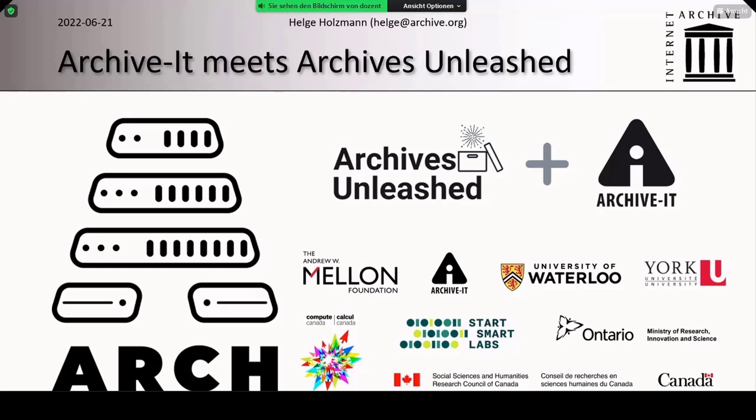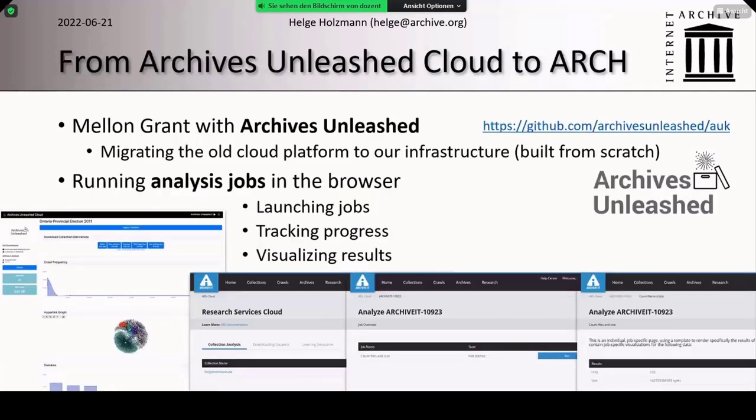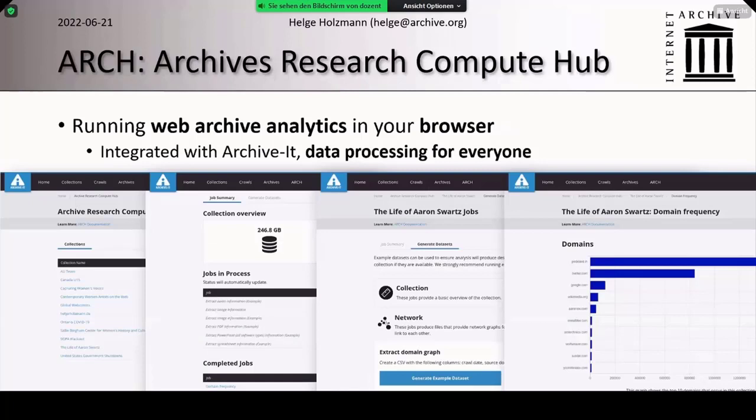of this project, got a new grant together, and on the left-hand side here, you can see the old Archives Unleashed Cloud. That was basically the first early prototype, and we turned that into something that is part of Archive-It, and later really made this from scratch a completely new platform with all these 6 key principles in mind.